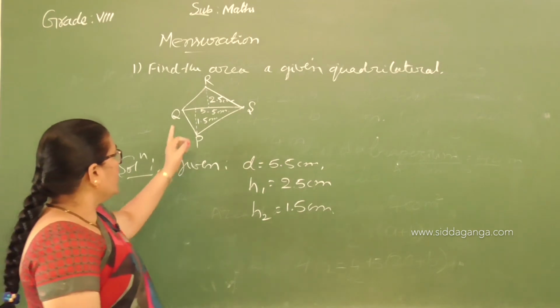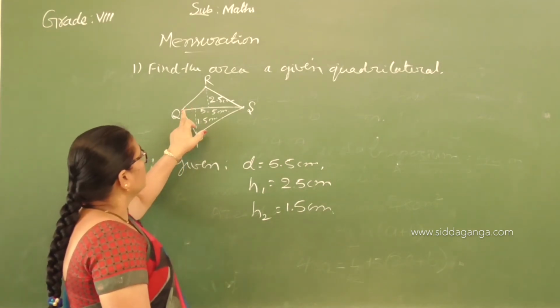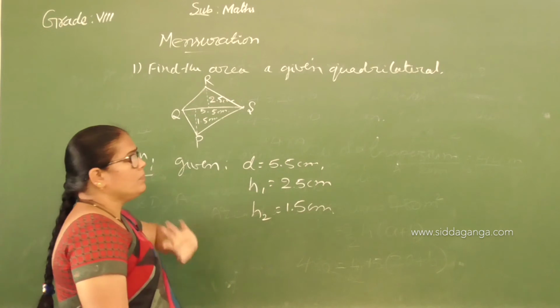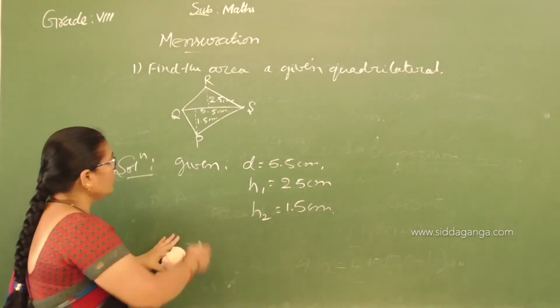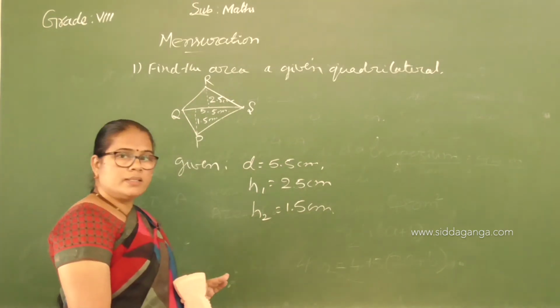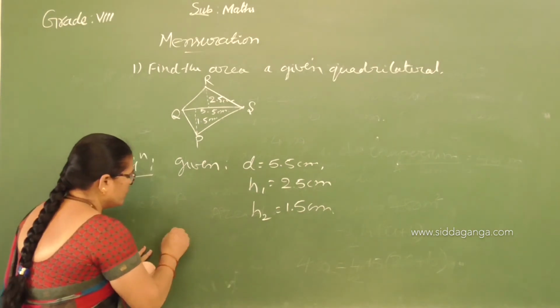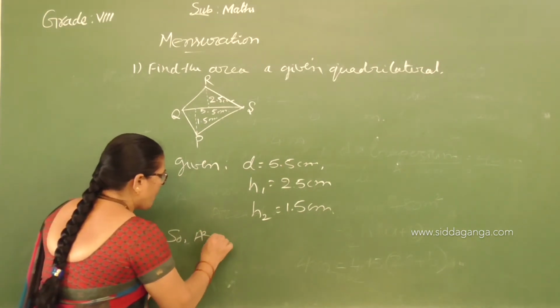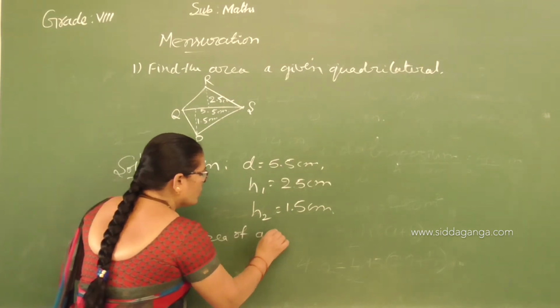Area of a general quadrilateral is equal to half into D into H1 plus H2.